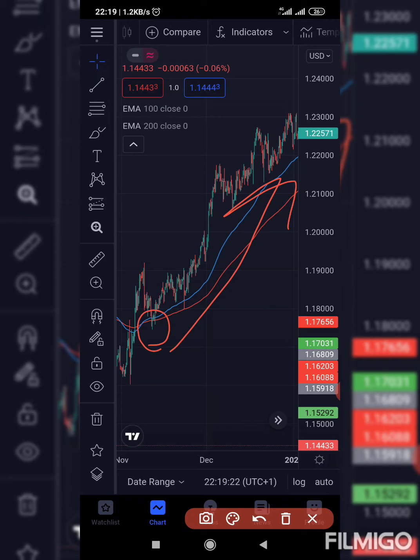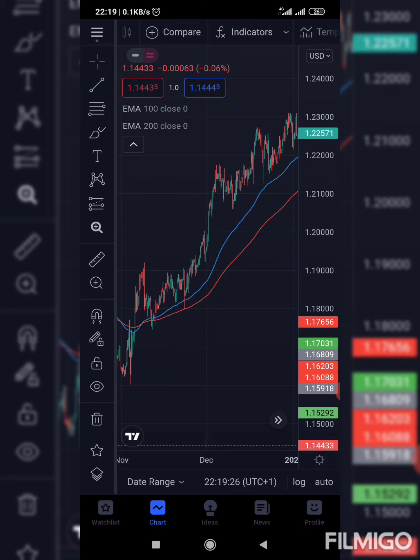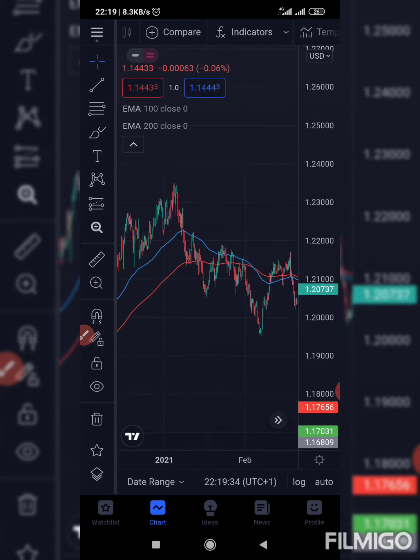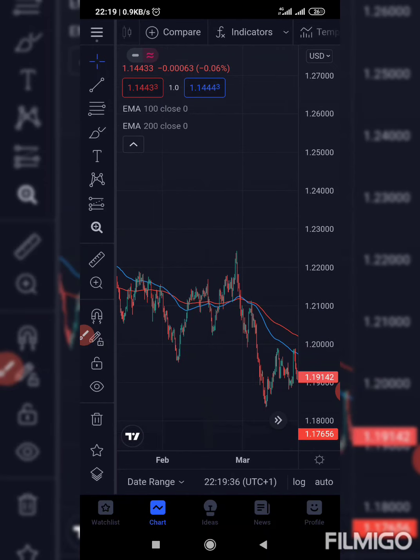We use it in a dead and golden cross strategy. Now you can't use this strategy to trade on its own yet. It's just me teaching you the theory behind it. I will do a separate video on a strategy you can actually use this for.